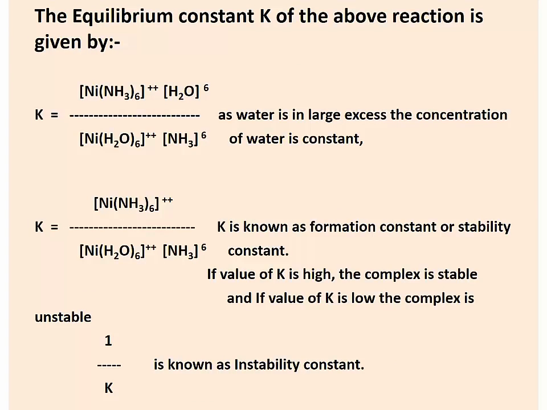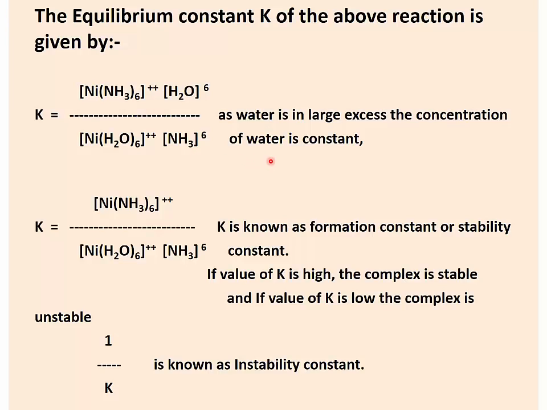For this reaction, the equilibrium constant K, which is called the equilibrium constant, is written as concentration of hexammine nickel complex ion into concentration of water divided by concentration of hexa-aquo complex ion of nickel into concentration of ammonia. But water is present in large excess. Its concentration is large.